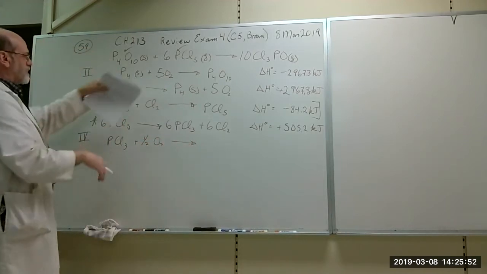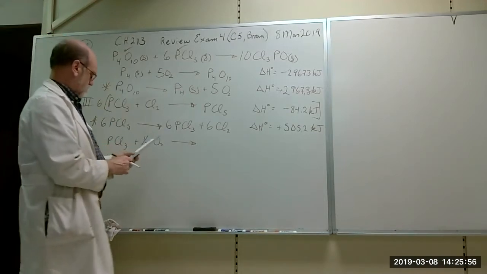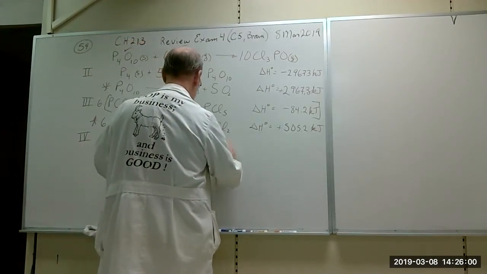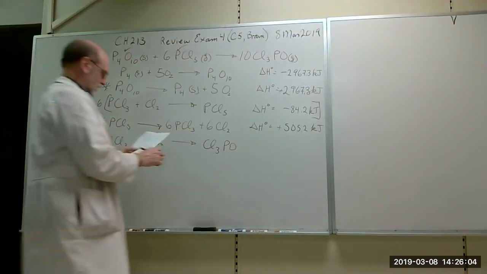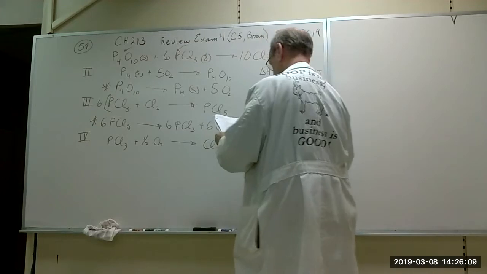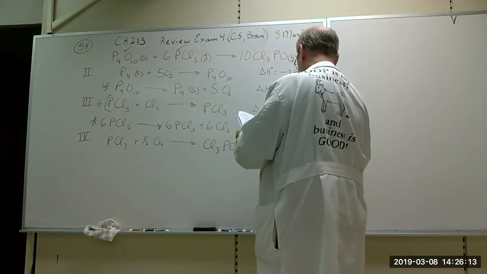I'm leaving out the solids and gases in there. It just takes up too much room. Yields Cl3PO. Okay? And that delta H is minus 285.7 kilojoules.